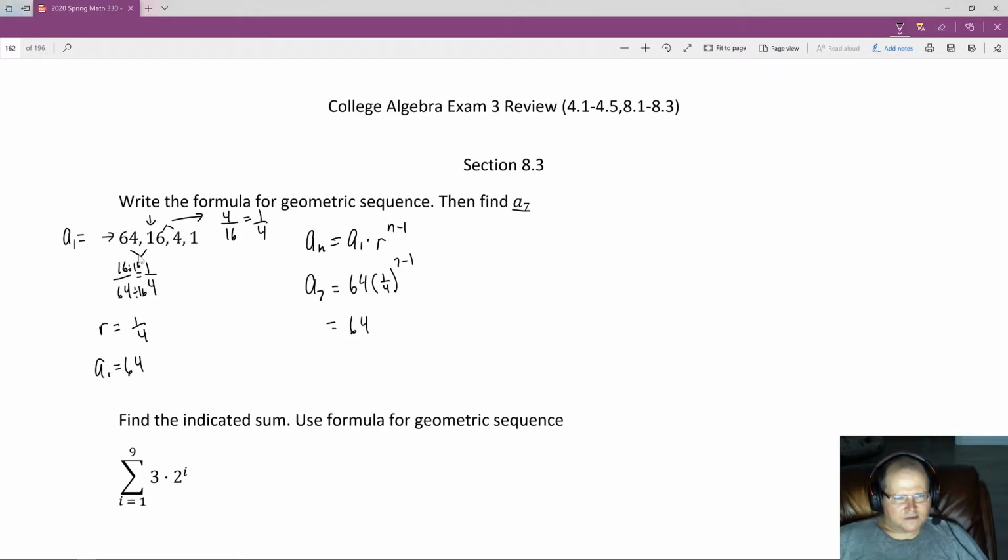So that's 64 times 1/4 to the 7 minus 1, which is 6, which means 64 times 1 to the 6th power over 4 to the 6th power. The 4 to the 6th power is the same as 2 to the 12th power, 4,096.